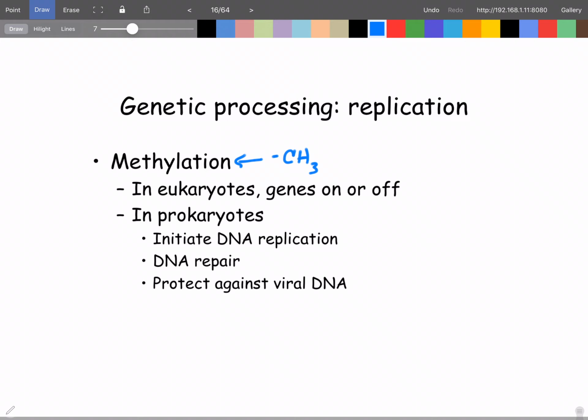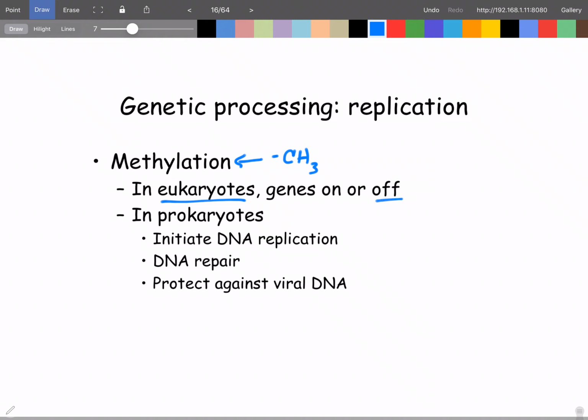Methylation actually is a type of regulation in some cases, and it tells us something about the DNA in that region. In eukaryotes, when genes are highly methylated, they are turned off.